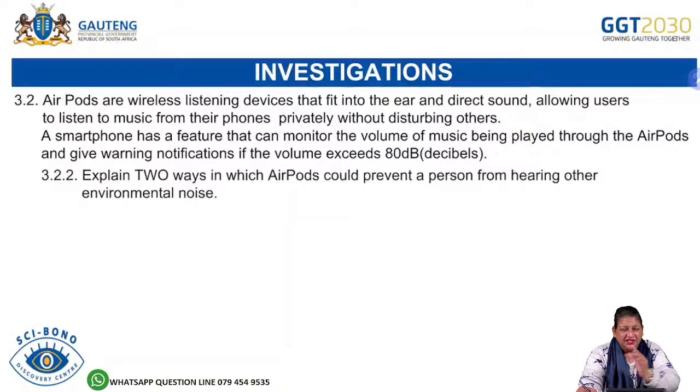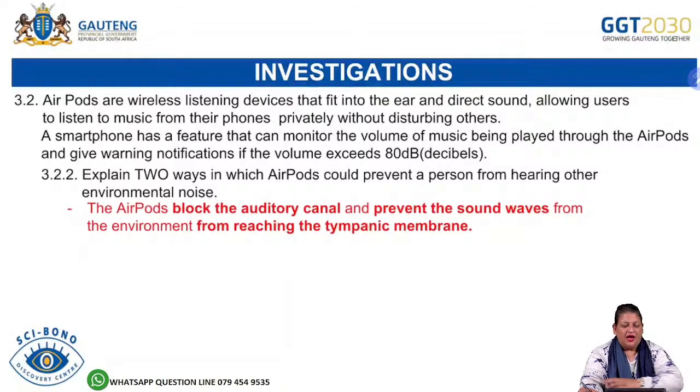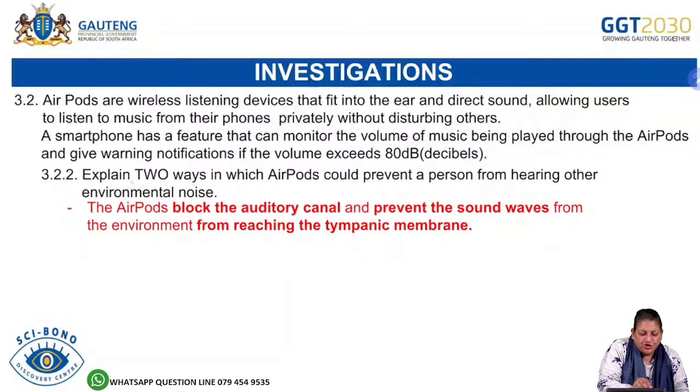It is preventing the sound waves from the outside from reaching the eardrum. And that's why she won't be able to hear. Right, so let's see. So, what are the 2 ways in which AirPods can prevent a person from hearing other noises?